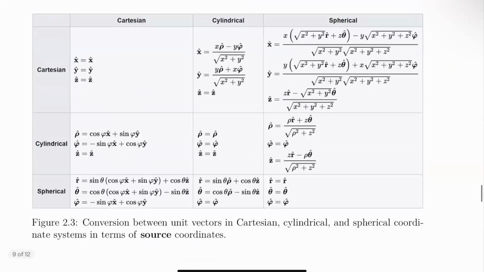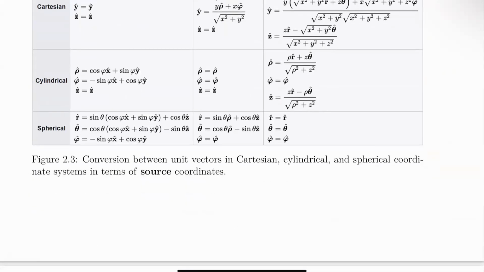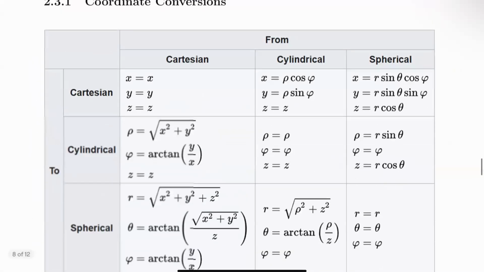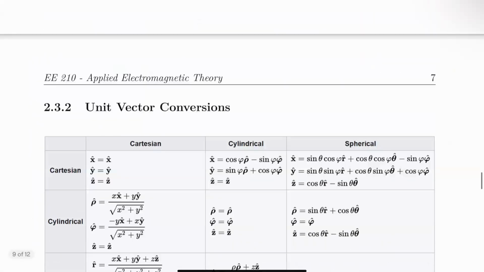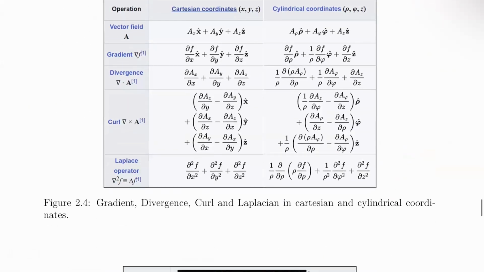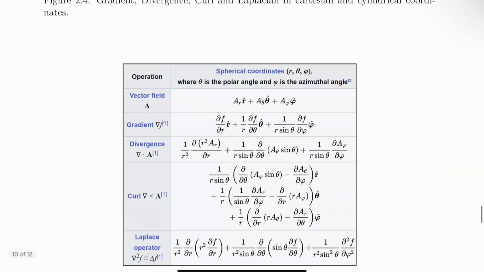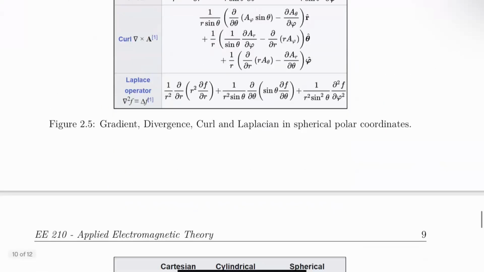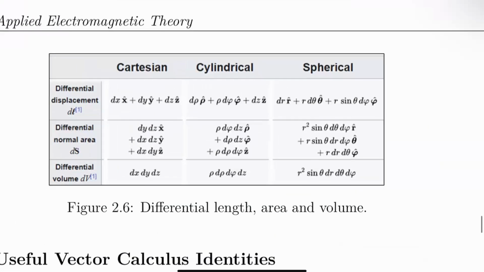So far we've covered these relationships in the beginning, then we did the unit vectors, and then we spoke about the general formulation of this. I haven't actually derived these. You don't really need to know. I think it's good to know at least once, but don't take too much time to derive why in different coordinate systems these expressions turn out to be this. And lastly, we also did differential displacement, area, and volumes.